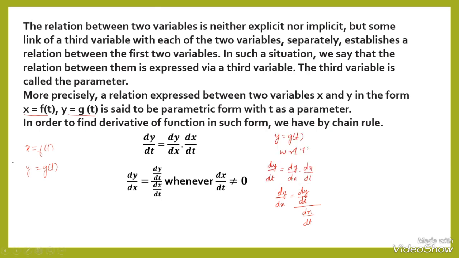Thus dy by dx is equal to g dash of t divided by f dash of t. Similarly, differentiating g of t gives g dash of t, which is dy by dt, and f dash of t becomes dx by dt.